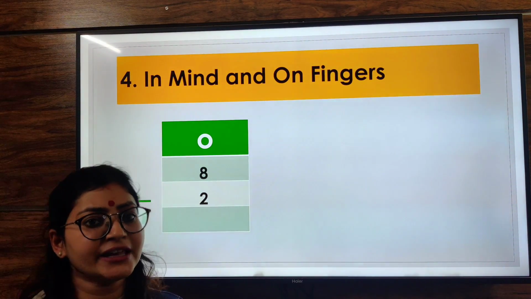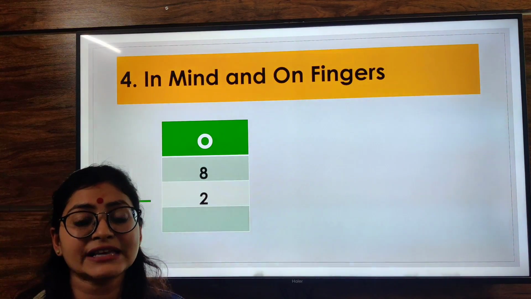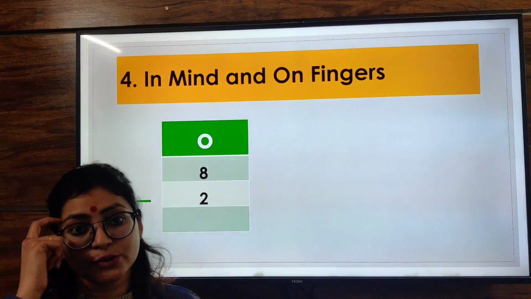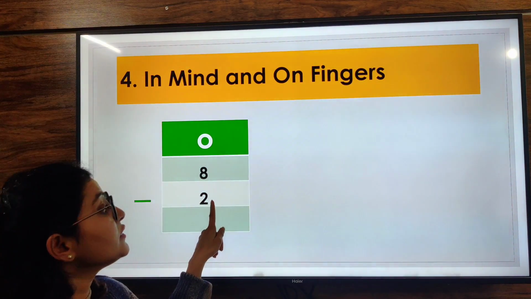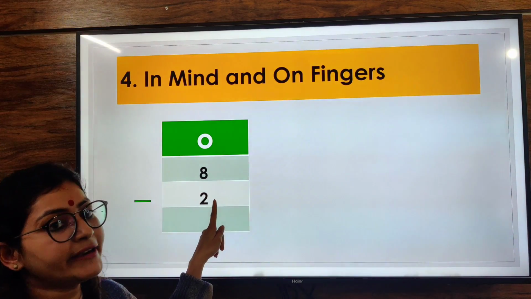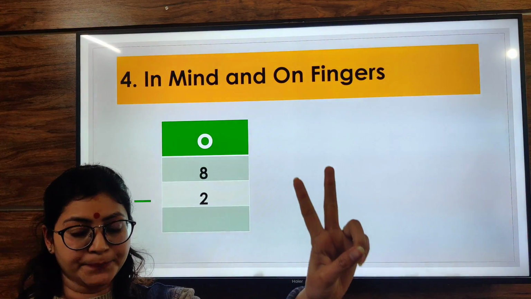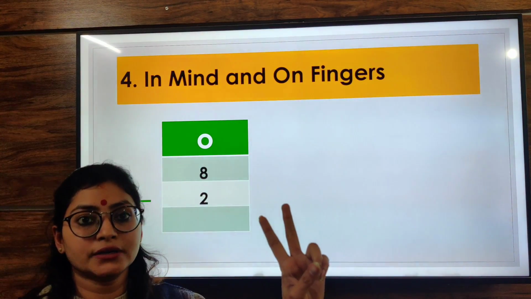In addition, you can keep any number in mind, but in subtraction, you will always keep the bigger number in mind. My bigger number is 8. So 8 is in my mind. Now we will show this many fingers. Second addend is 2. So I have 2 fingers here. Now I will count backward.